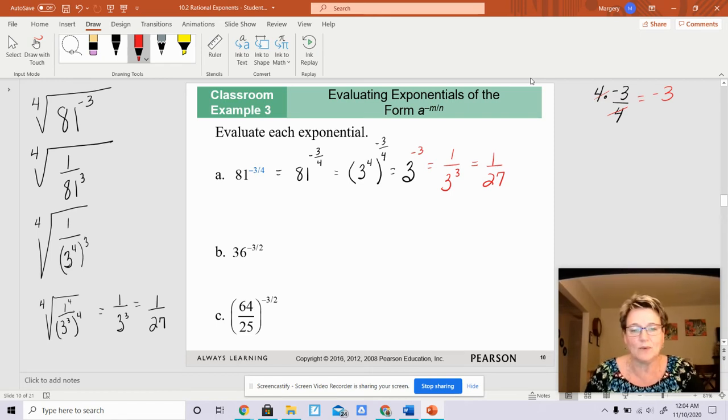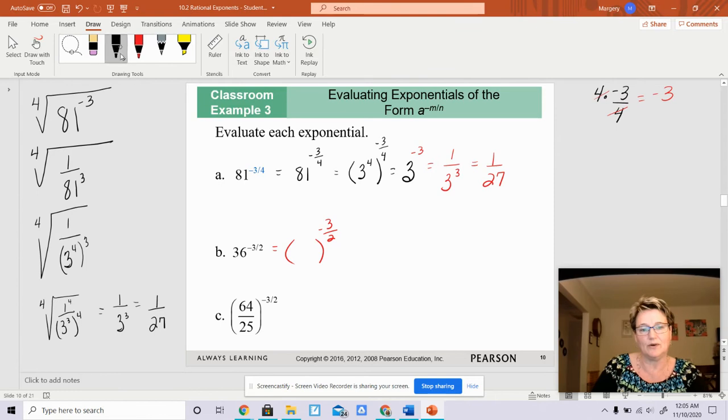Now, on the next one, again, I'm going to reduce 36. So my power is negative 3/2. We all know that 6 squared is the same thing as 36. We have 6 squared raised to the negative 3/2.